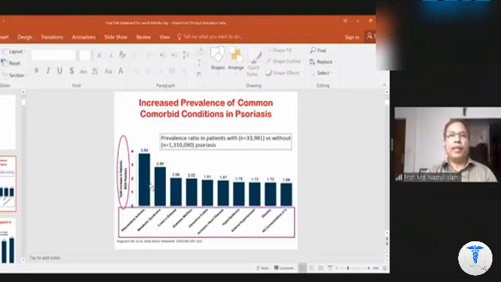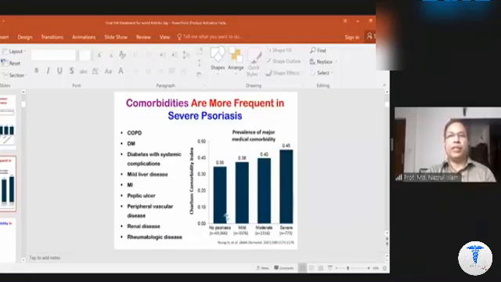There are many comorbidities with a higher prevalence in psoriasis, starting from rheumatoid arthritis, metabolic syndrome, diabetes, Crohn's disease, respiratory system disease, obesity, and here you are seeing the higher prevalence of these comorbid illnesses in a big population of psoriatic patients. Interestingly, several comorbid illnesses are related to psoriasis severity, from no psoriasis to severe psoriasis: COPD, diabetes and diabetes complications, liver disease, MI, peptic ulcer disease, peripheral vascular disease, renal disease, and rheumatological diseases.